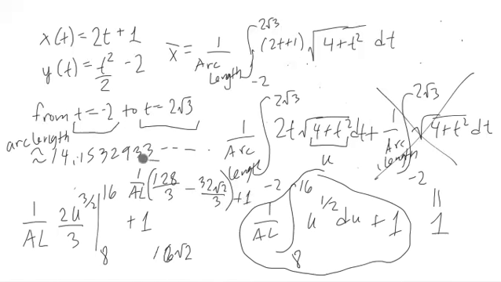I'm sorry, this is kind of all in the middle, but here it is. And if we work that out, we can get the exact value for x bar. So let's take a look and see what that is.